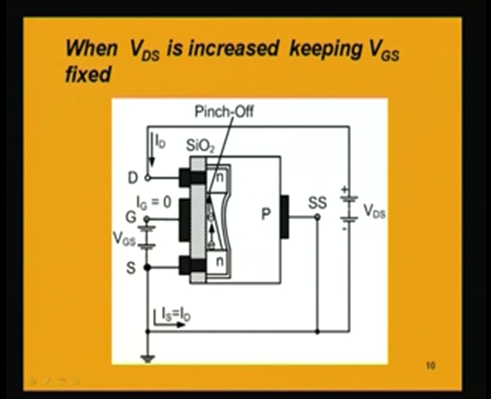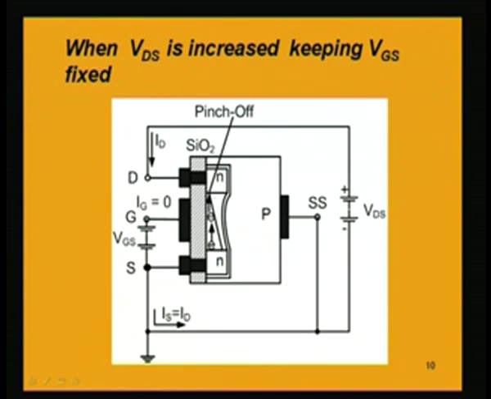So, the width of the channel basically is dependent upon the attractive force on the electrons by the gate to drain voltage. So, if this gate to drain voltage reduces, that means the attractive force on the electrons also reduces. That is why the width of the channel will be reducing from source to drain.